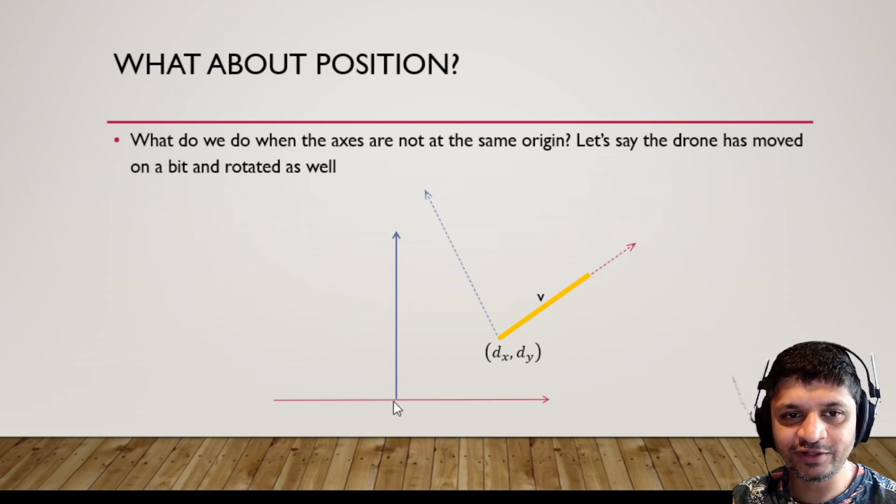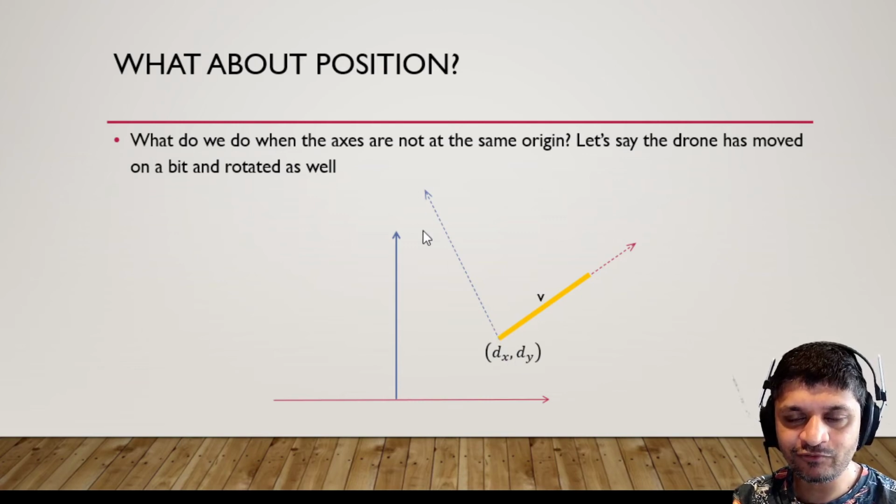Well, when the drone moves, let's say we moved in this v direction, the drone ends up at a new position. Let's call it dx dy. So that the reference frame 1, or the robot axis, is now both rotated, right, by some value theta, as well as translated. So it's also moved by dx dy.